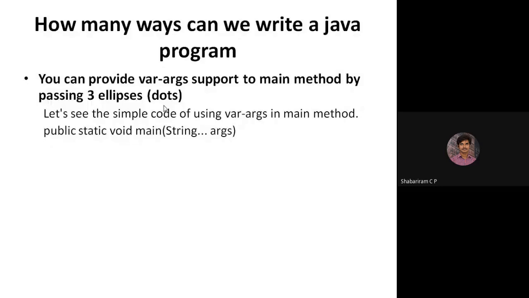So you can also provide a variable argument that can be passed as the argument for a main function. It is represented using 3 dots. So this slide shows the example public static void main String dot dot dot args. So we can also write a main function like this.